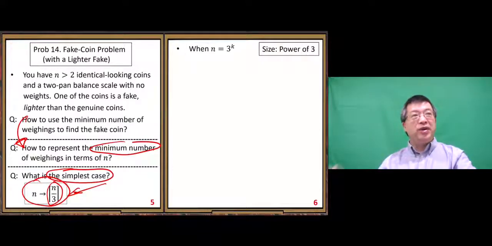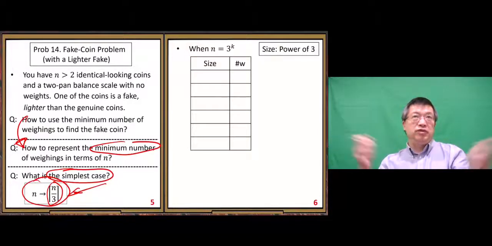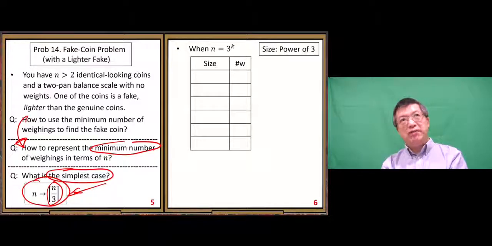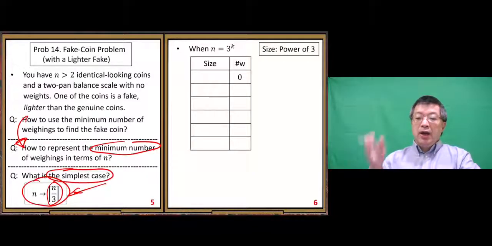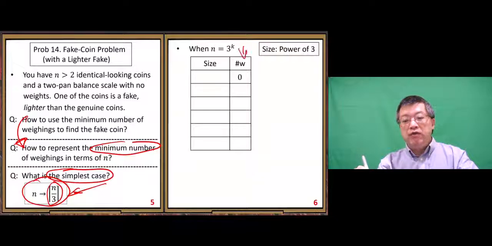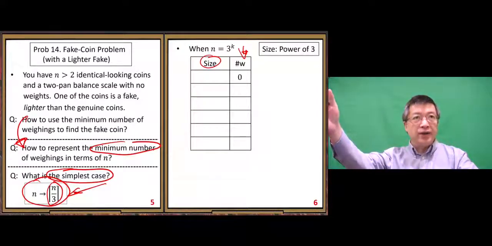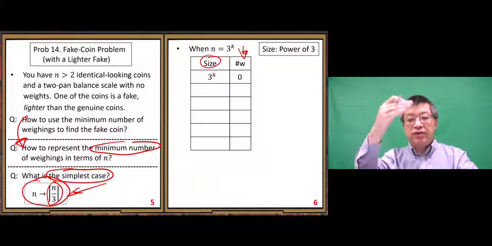All right, so now when we do that, here I want to make a chart to find the answer, because that will be visually easily understood. At the beginning, when we have no weighing, in this column, the number of weighings we do on the coins, and the data size. Before we do any weighing on the coins, the data size is 3 to the kth.